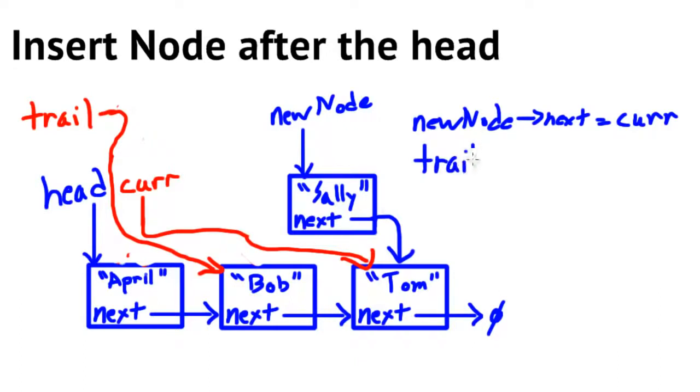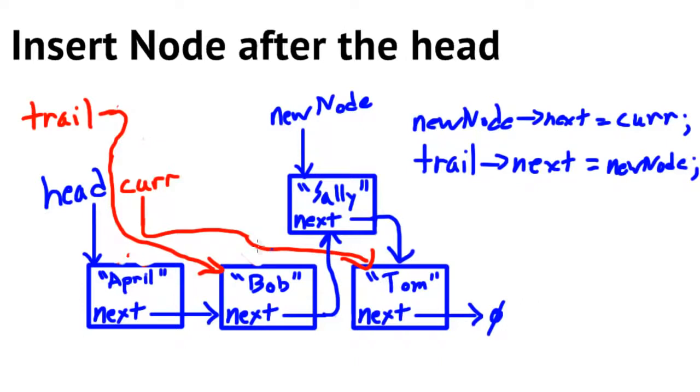So set trail's next pointer, and trail's next pointer should now be pointing to what new node is pointing to. So we have those two lines of code that would be part of our implementation. So let me go ahead and update our pointer here for trail pointer's next, so that it's now going to be pointing to our new node.